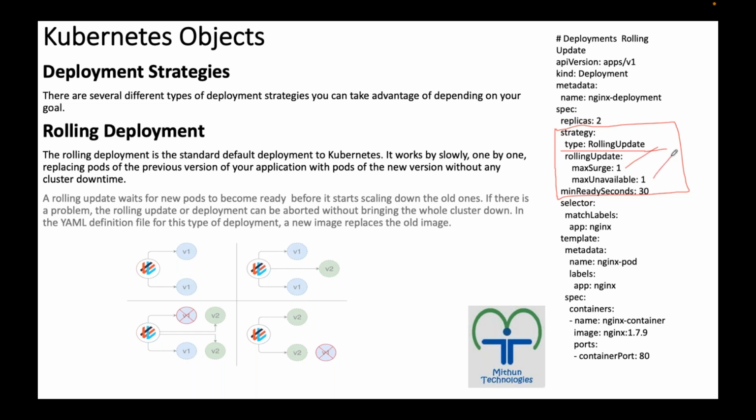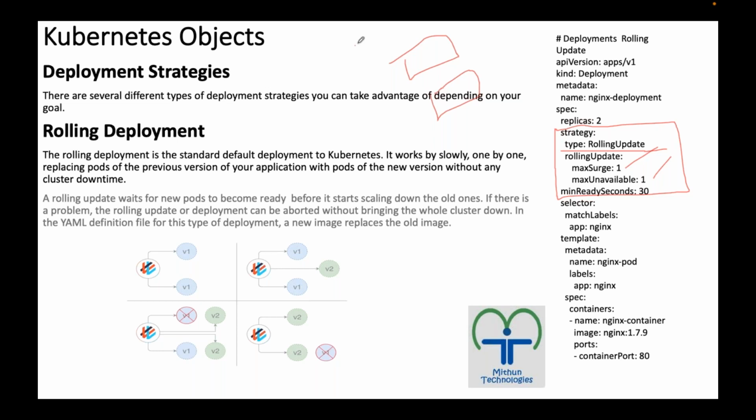Whenever you are updating your deployment, maximum how many pods cannot be available? Unavailable. Let's say I have 2 pods. Currently I have 2 pods. If I say max unavailable as 1, what does it mean? Out of these two, maximum how many pods can be down when you are updating the deployment?